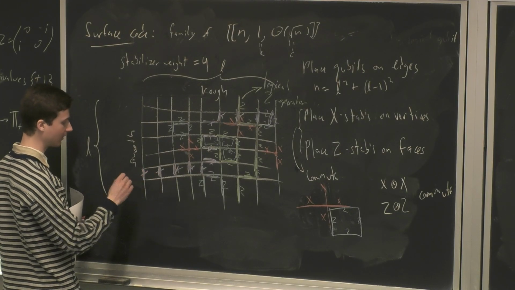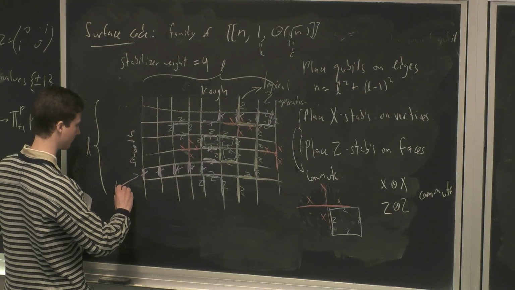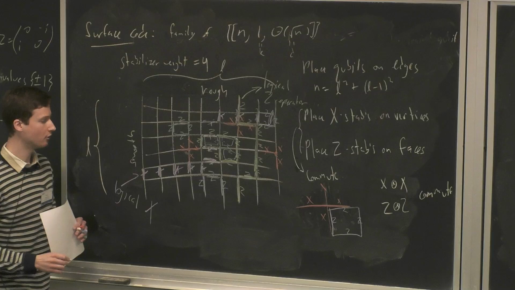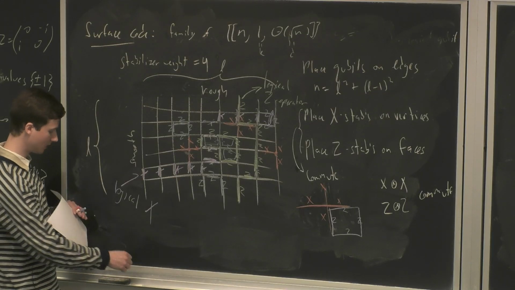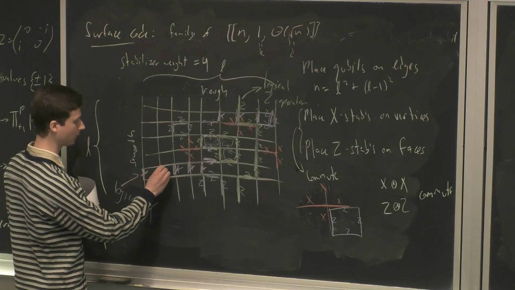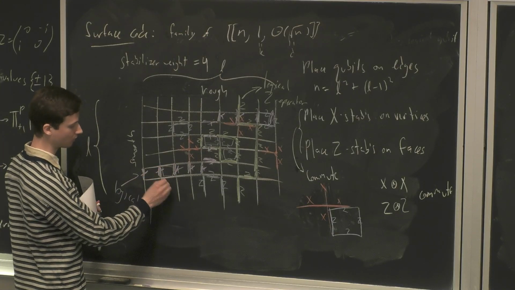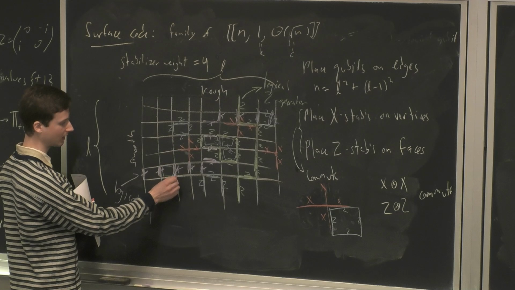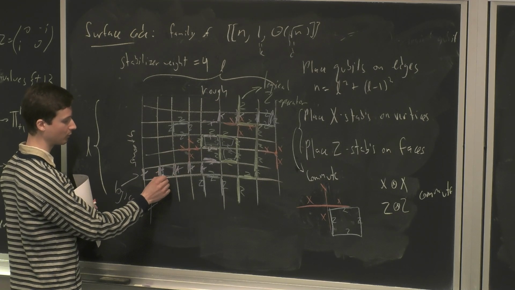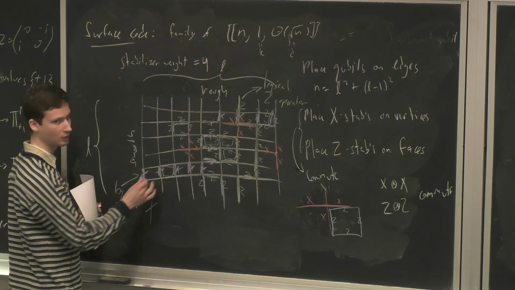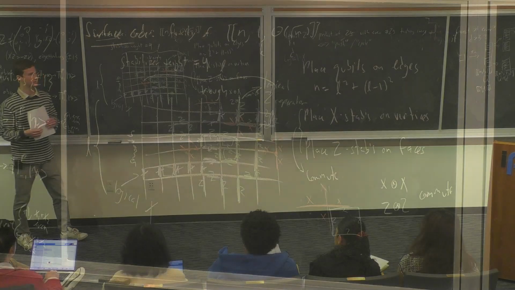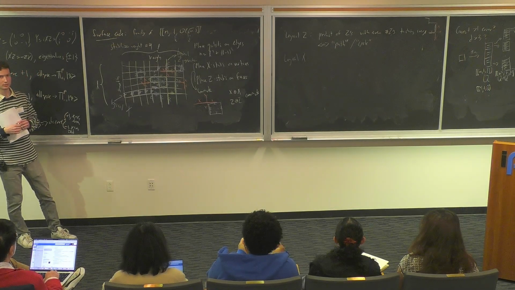That looks like a ladder, and it is a logical X operator. And you can check that if we take any Z stabilizer, for instance this square, it intersects our logical X at these two vertical edges. So we have an even-size intersection between our Z stabilizers and our logical X, so our Z stabilizers all commute with this logical X.